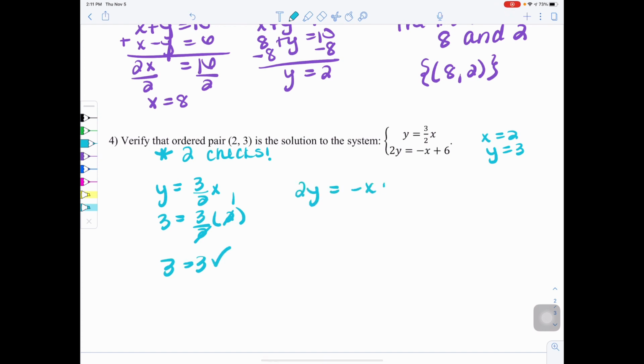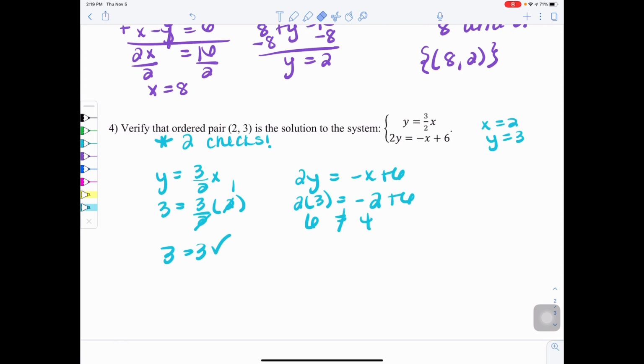So that's 2 times 3 equals negative 2 plus 6. And I get that 6 equals 4. Does that work? Nope. So I slash that.